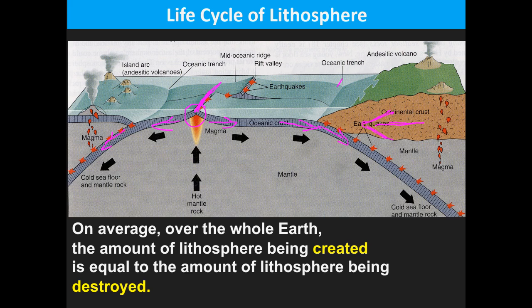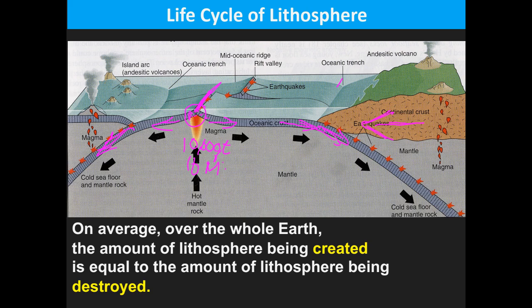Meaning, let's say, for example, we have oceanic crust formed in here, just as an example, let's say 10 million tons of material of crust here. Also, 10 million tons of material will be lost here along convergent boundary.